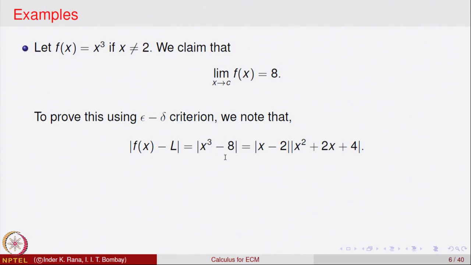Here it is quite easy, since 8 is equal to 2 cube.